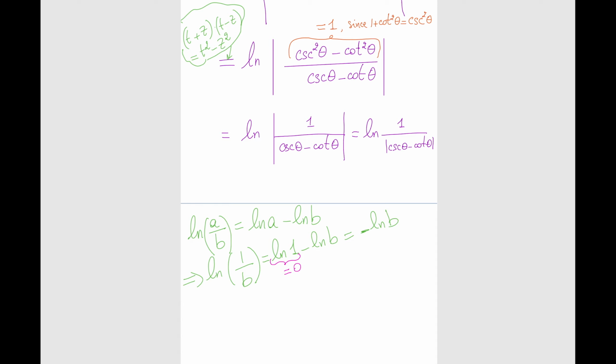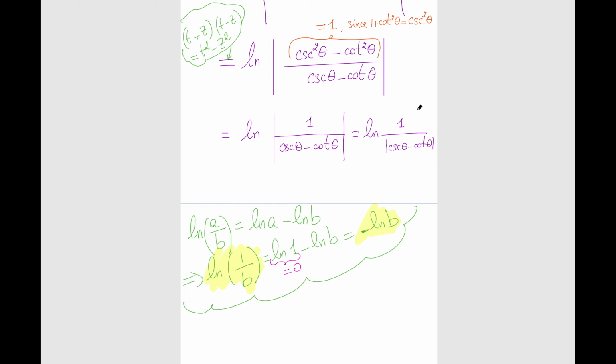Right? So look here at what's highlighted. Look at this guy and look at this guy. What can we say here? ln of 1 over b is equal to minus ln of b. Well, this is what we had, right? ln of 1 over b is equal to minus ln of b.